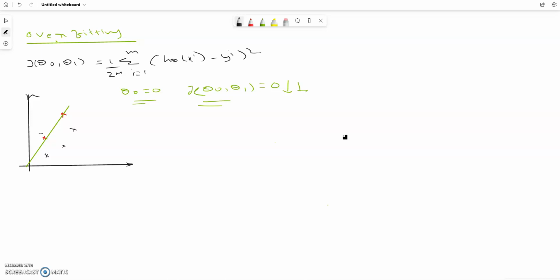These red points are the training data and these black points are the test data. Now for training it is okay, but when we are doing the test there is a big difference between the predicted line and the actual point, which gives a huge error. That means there will be a high variance in the test data.